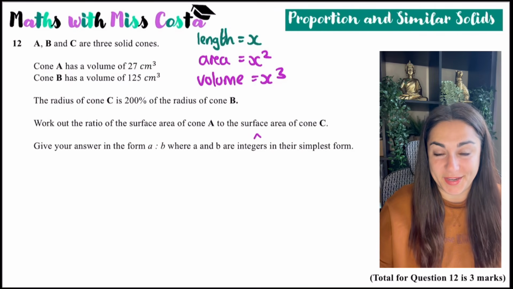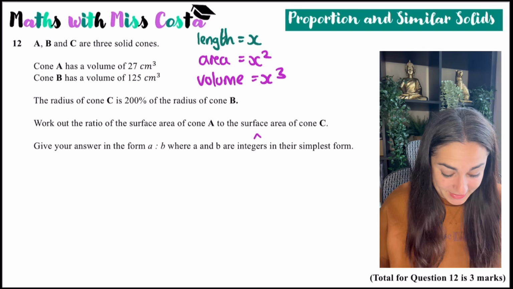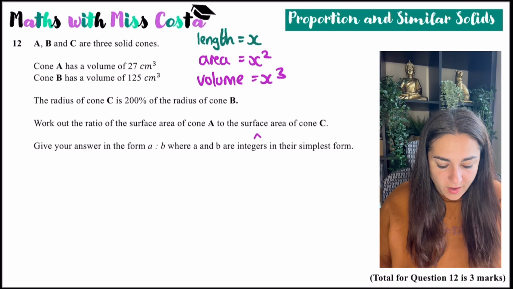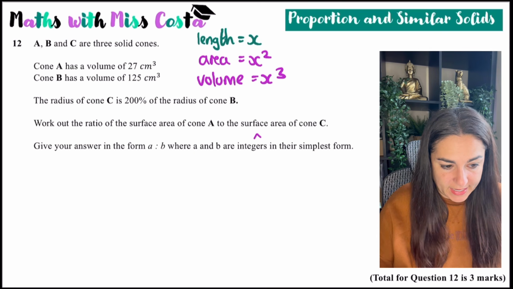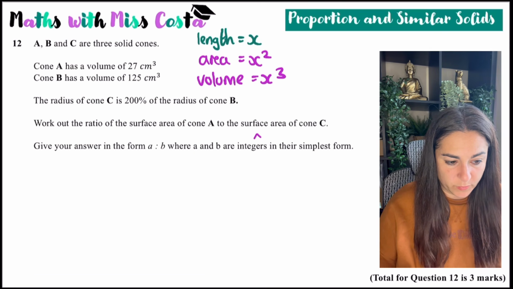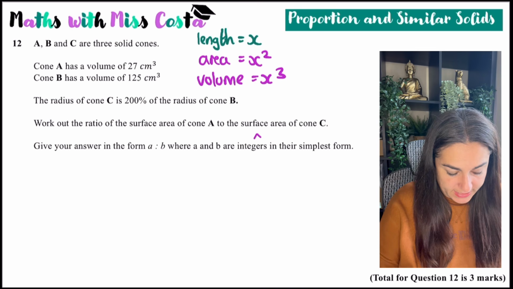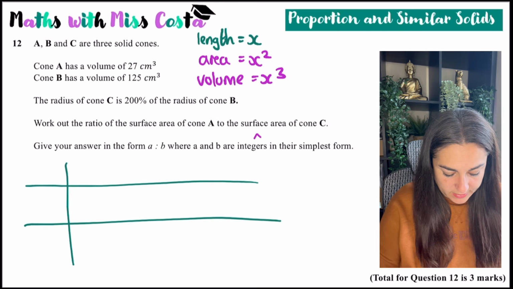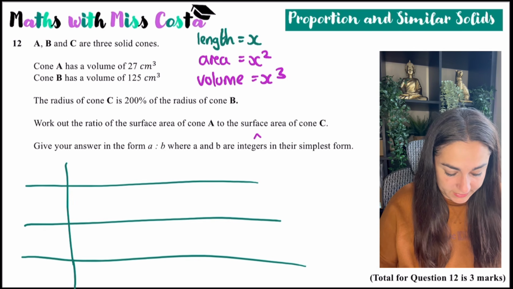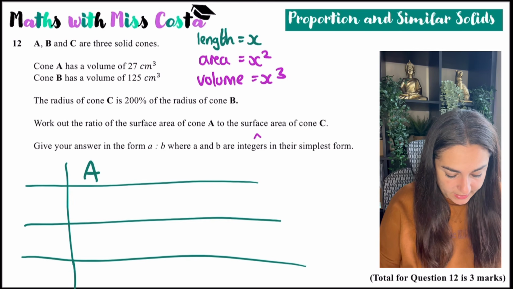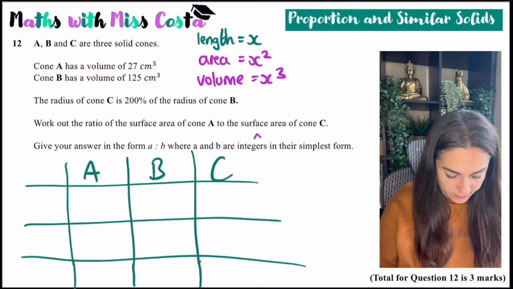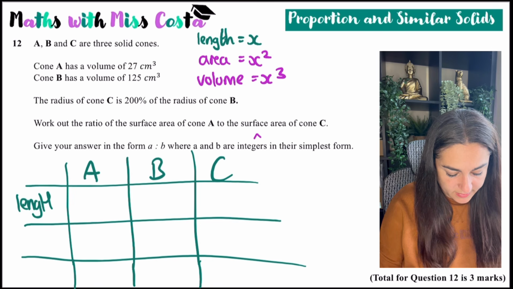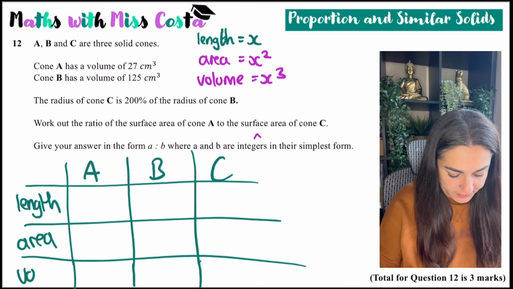Now, okay, so let's get back to the questions. I've got my cone A, I've got my cone B, and perhaps it could be helpful to write this out in a little table. I'm dealing with 3 shapes and lots of scale factors. So I've got cone A, B, and cone C, and then I've got the length scale factor, the area scale factor, and the volume scale factor.